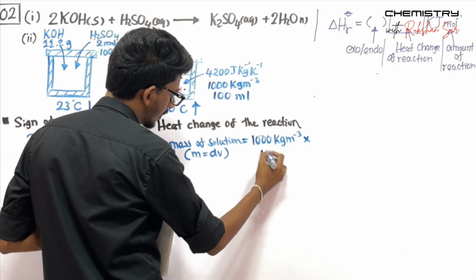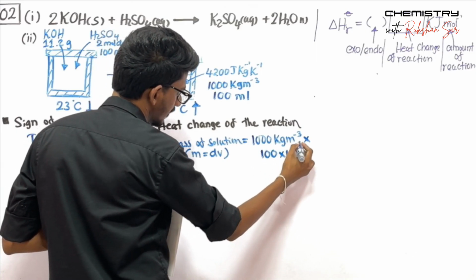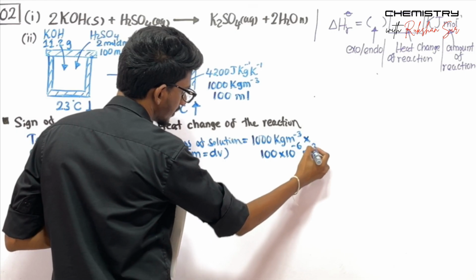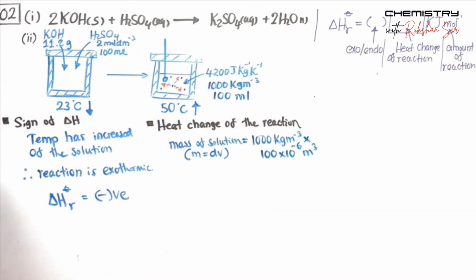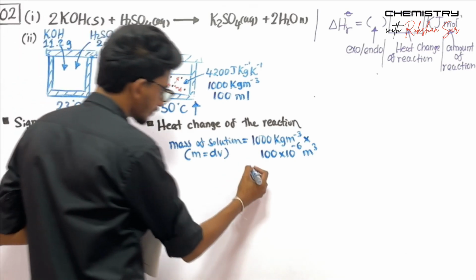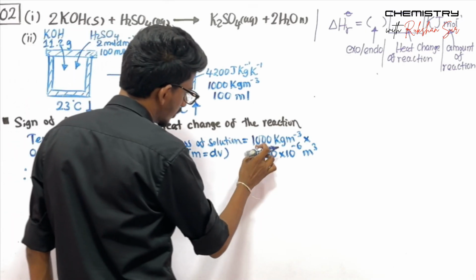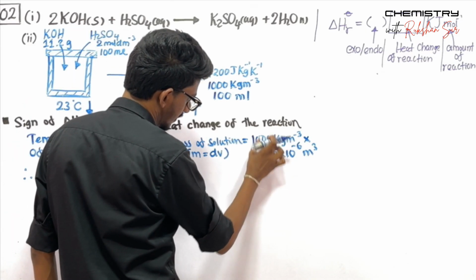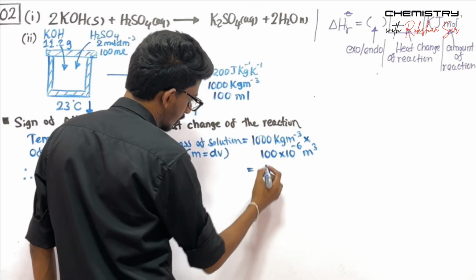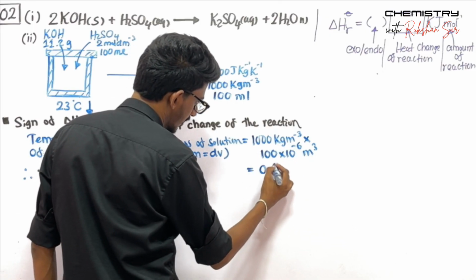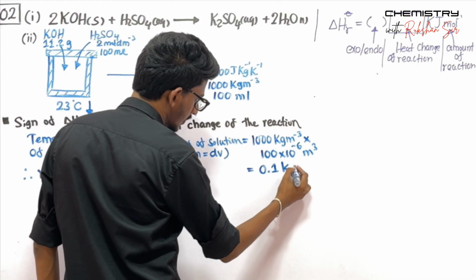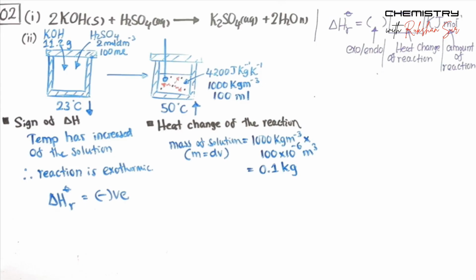It is going to be 100 times 10 to the power minus 6 meter cubed. It's a multiplication, so you have 10 to the power 5 and 10 to the power minus 6 here, so 10 to the power minus 1. It is going to be 0.1 kilograms, the mass of solution.